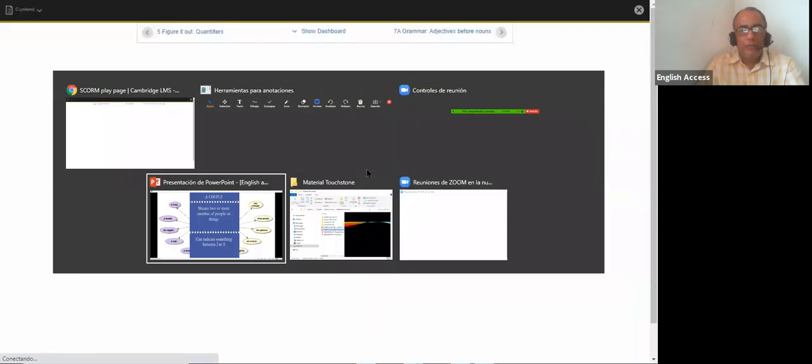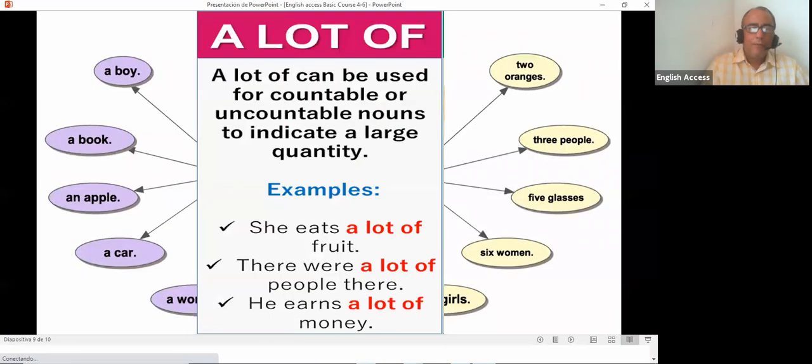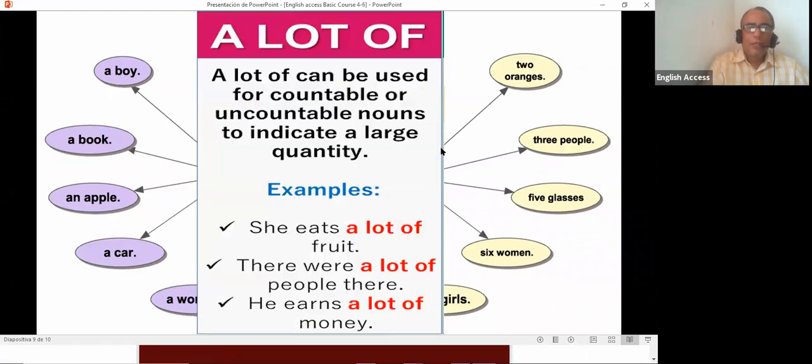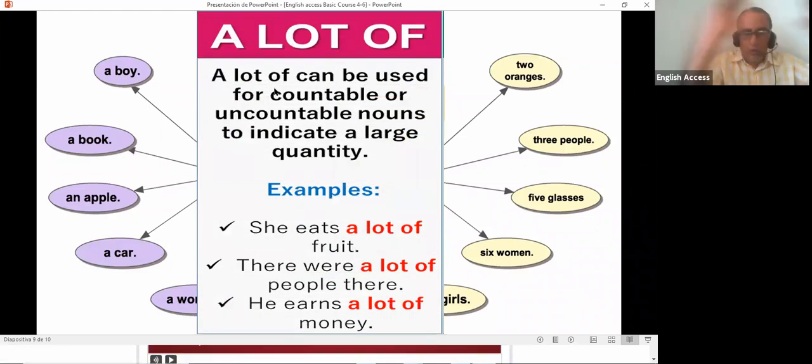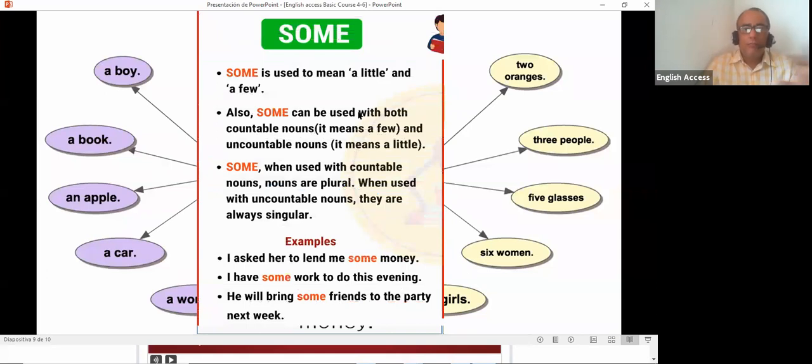So we are looking at now the quantifiers. Very easy. I hope you like it because these words are going to help you to describe amounts of things. For example, a lot of, with all nouns to describe a large quantity. Some, a little quantity or a few of something. Few means pocos.